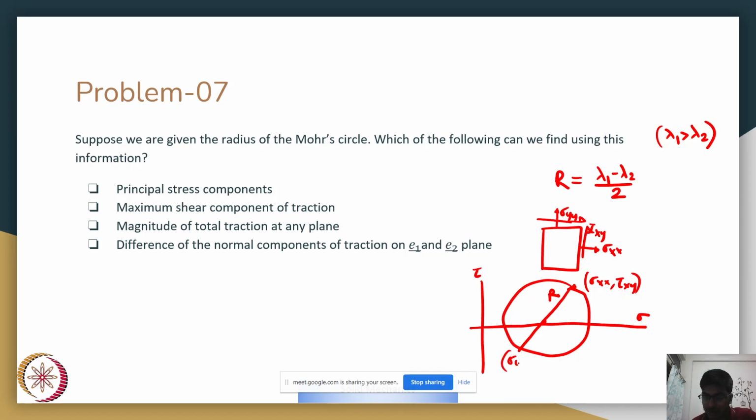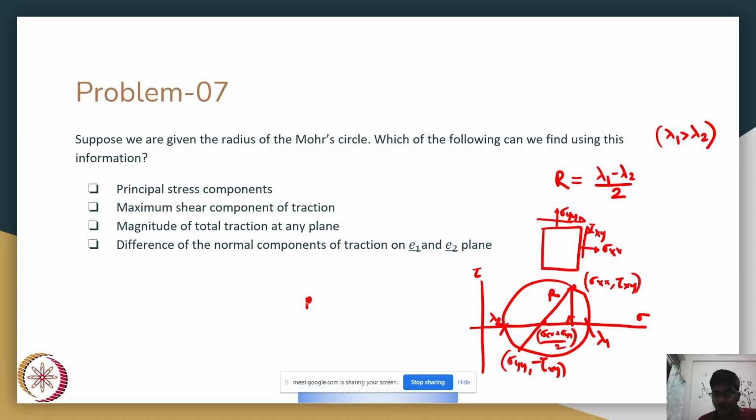This is sigma yy comma minus tau xy. And we know that the center is sigma xx plus sigma yy by 2, and these end values are lambda 1 and lambda 2.